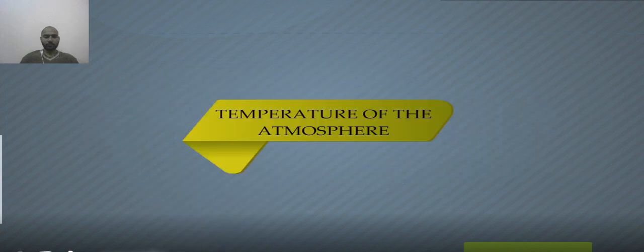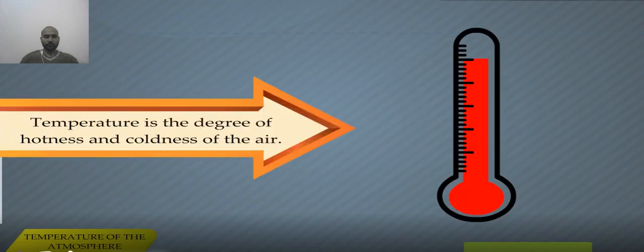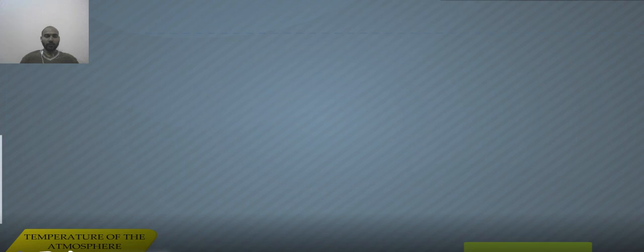Temperature of the atmosphere. Temperature is the degree of hotness and coldness of the air. So, as in this video, you will see that weather is just the day-to-day condition of that day. Climate is an aggregate of weather when we consider it for the next 35 to 40 years.